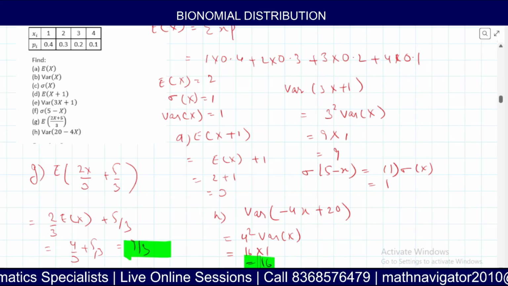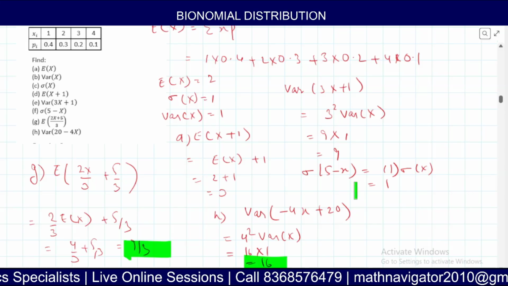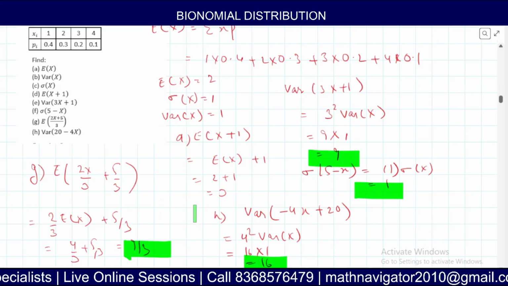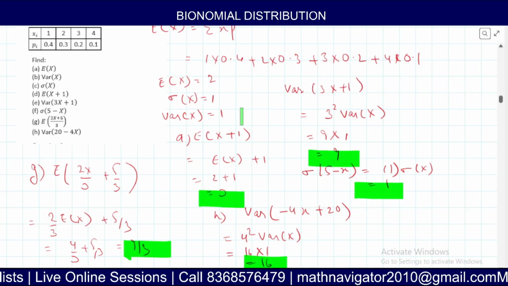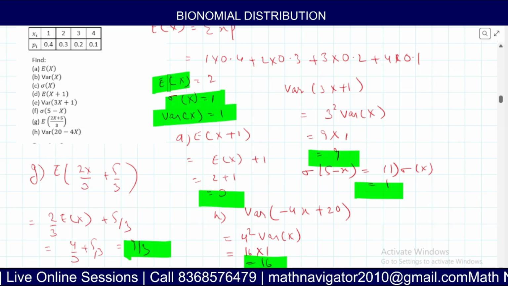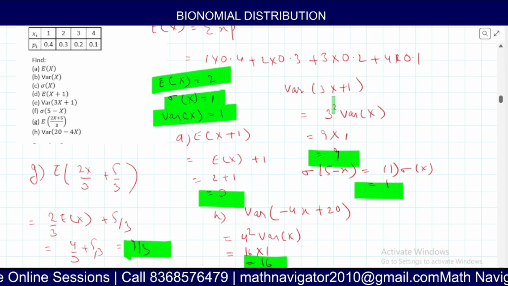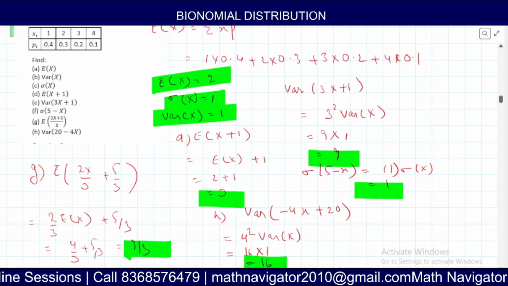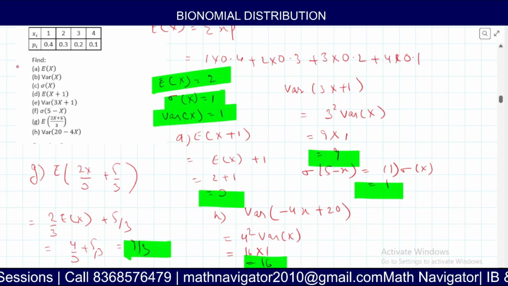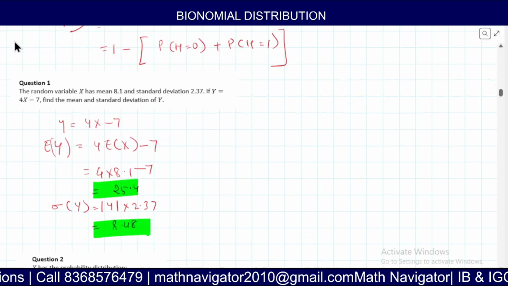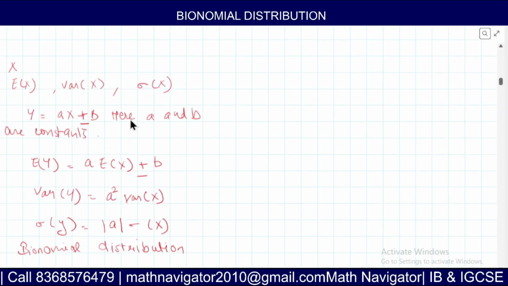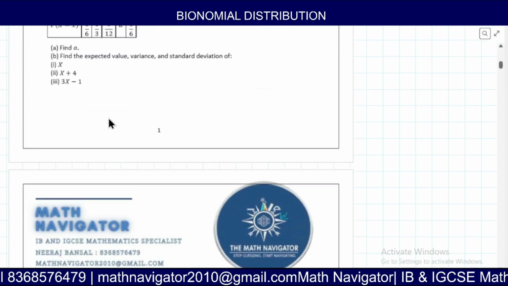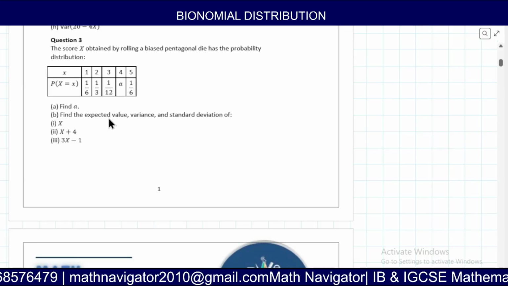So I'll mark all the answers like this. Got it? So this is how we will do it. The second question is done. Let's move to question 3.